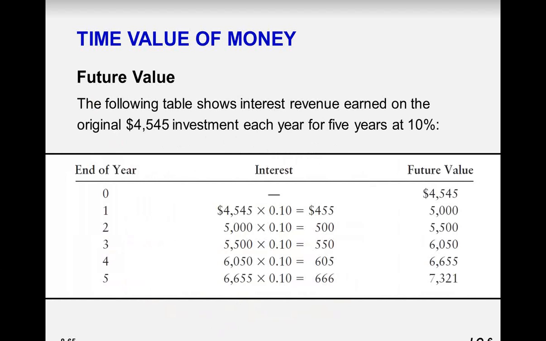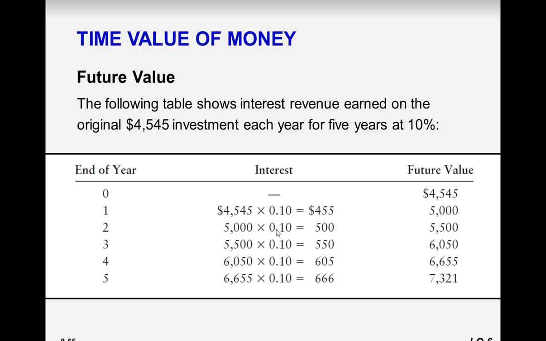So here's an example of how interest compounds. If I started with my $45.45 and I was going to save this and have this investment for 5 years at 10% interest, year 1 would earn $455.